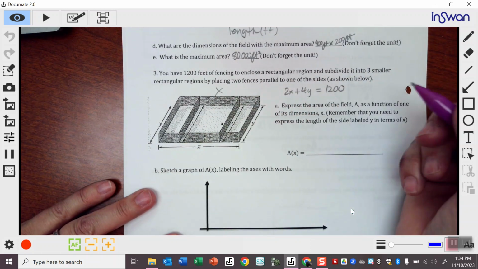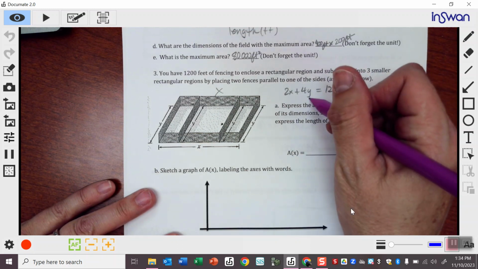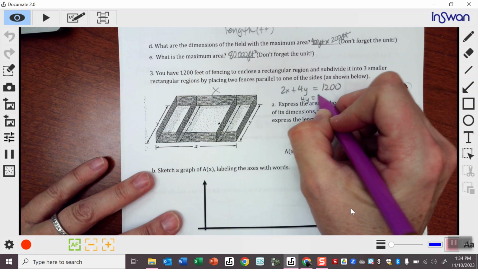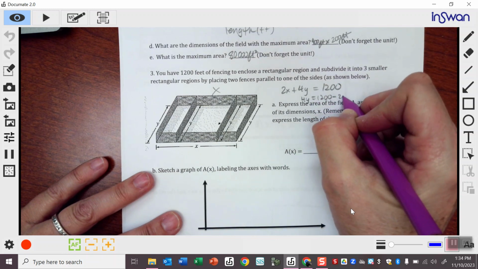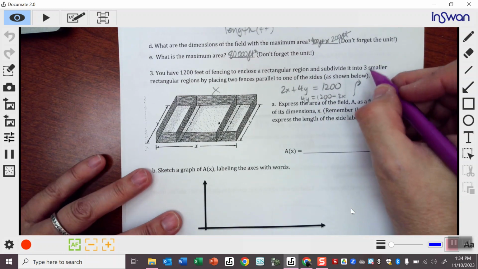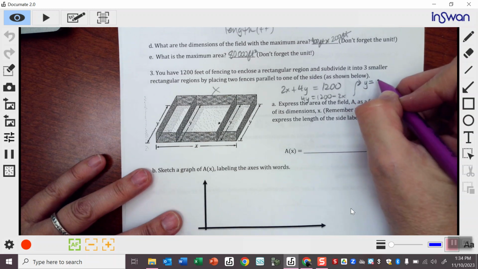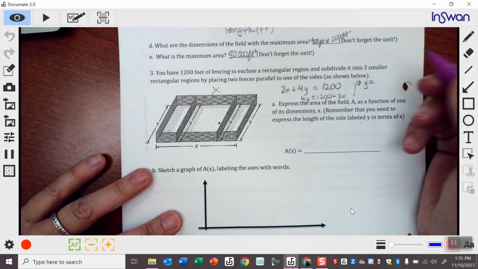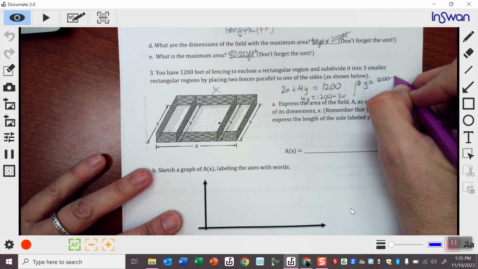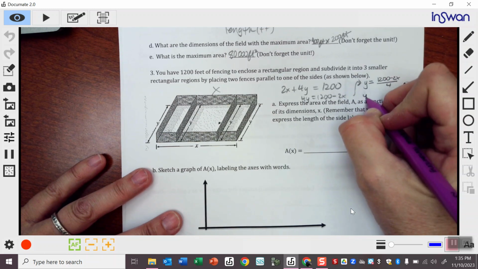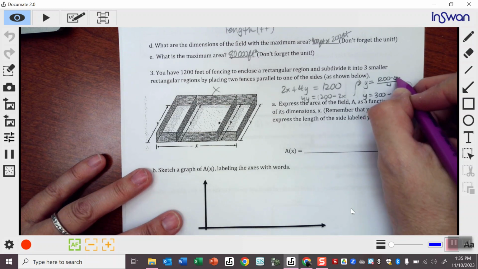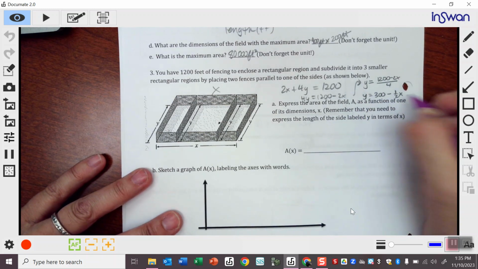So just like before, I'm going to need an equation for y in terms of x. So I'm going to take off 2x, divide everything by 4. So I'm going to get y equals, you could write 1,200 minus 2x over 4, or you could actually divide it out and say that's 300 minus 2/4 would be 1/2 x, however you like to do it.